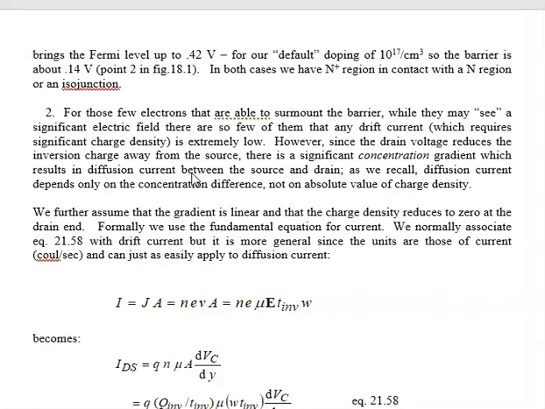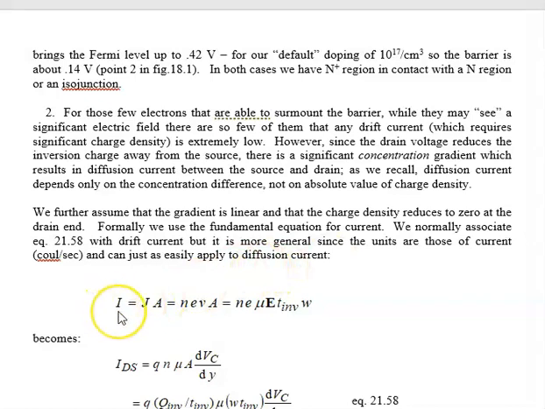So we have a diffusion current generally in weak inversion. And that diffusion current is going to change over to a drift current as the gate voltage increases in a positive sense. So what we want to discover right now is, what is this diffusion current?